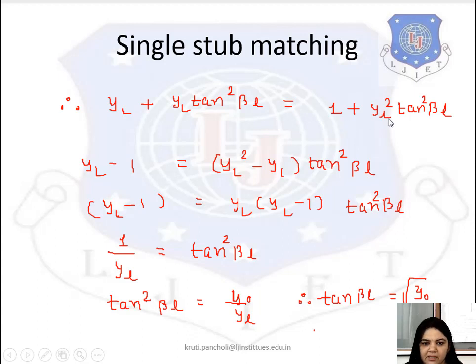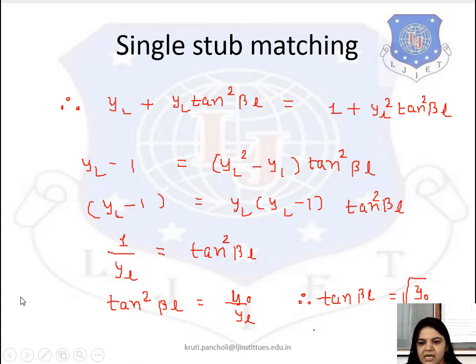So it is YL - 1 equal to (YL² - YL) tan² βL. So YL - 1 is equal to YL(YL - 1) tan² βL. So it is 1/YL is equal to tan² βL. Therefore tan² βL is equal to Y0/YL.